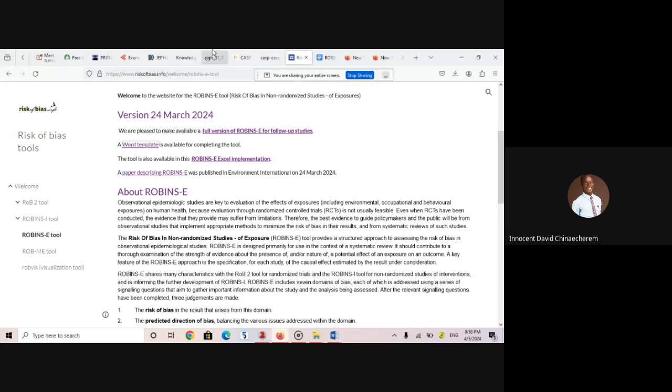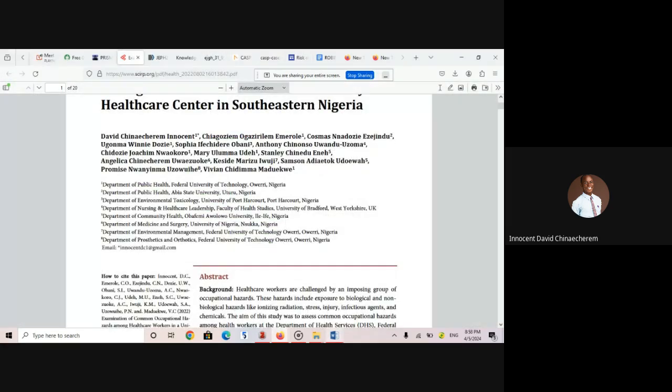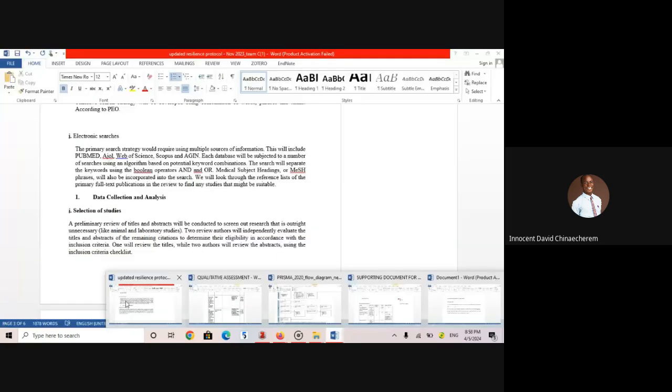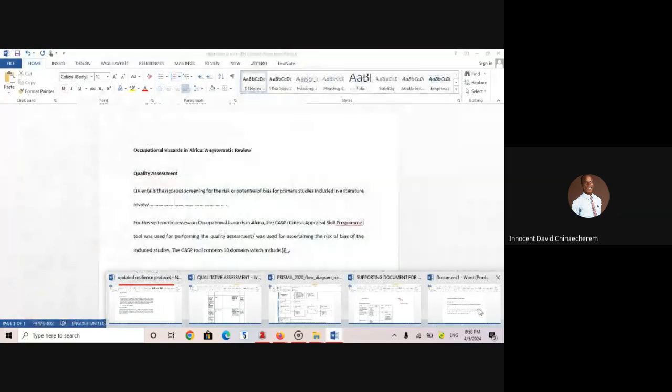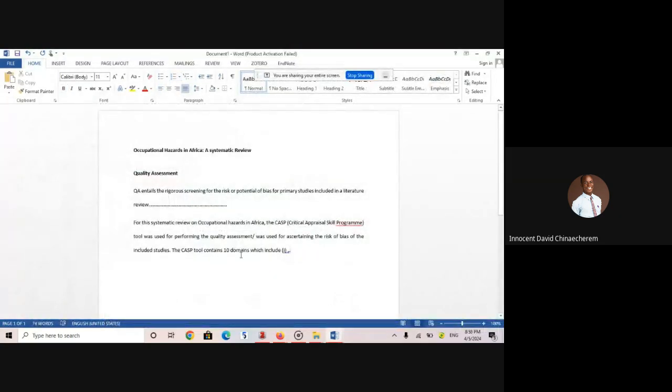So back here, the first thing we do is to draw out our table for our quality assessment. Here, I'm going to use the Newcastle-Ottawa scale, which contains 5 core domains.